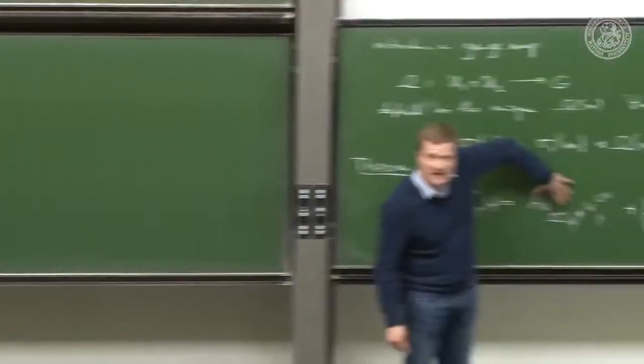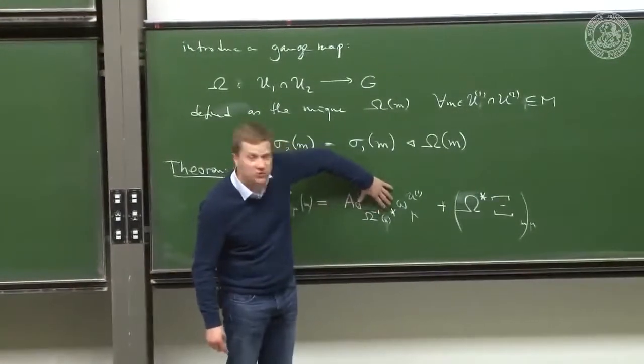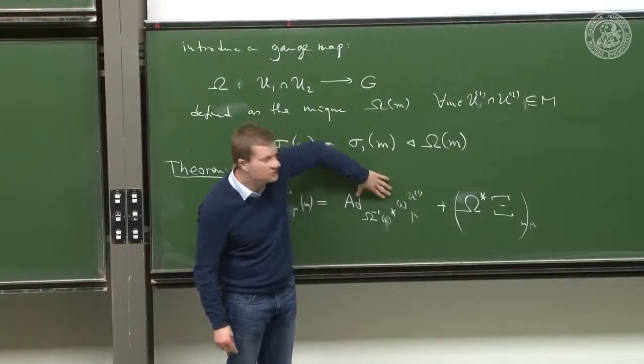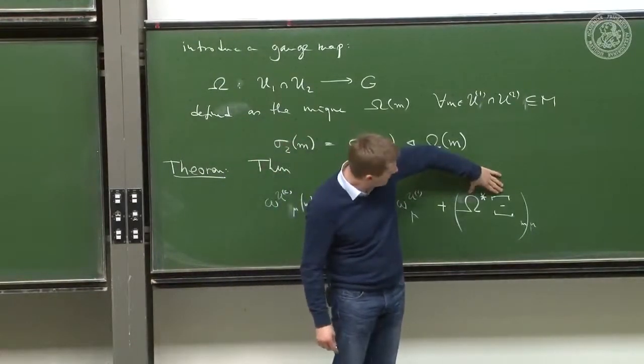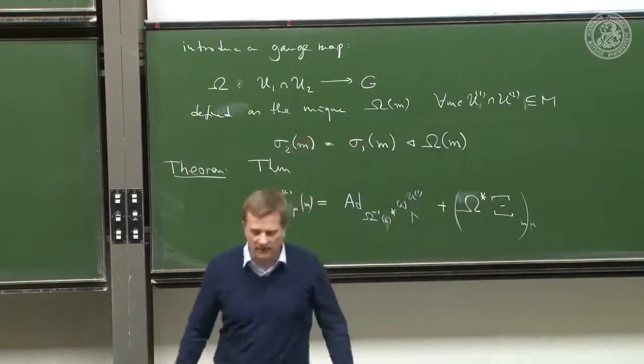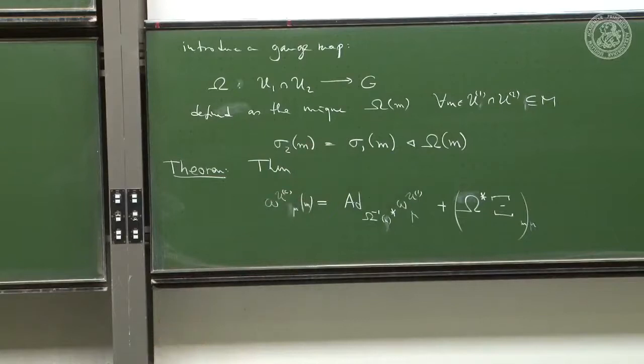So what do we need to do? We need to calculate what is actually this Ad omega inverse push forward on this in the GL case, and what is the pullback of the Cartan-Maurer form with respect to the omega in the GL case. And let's start with the latter bit.